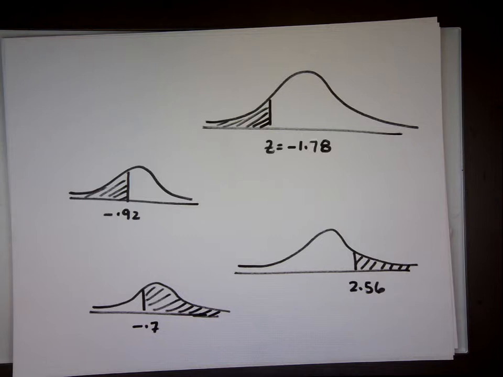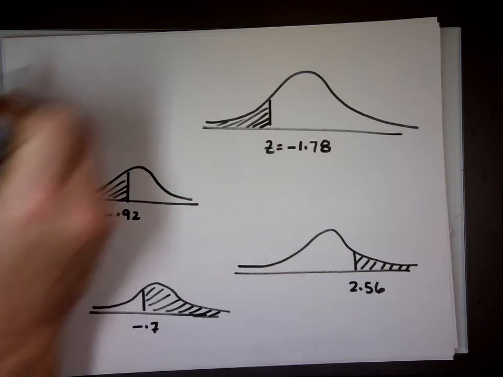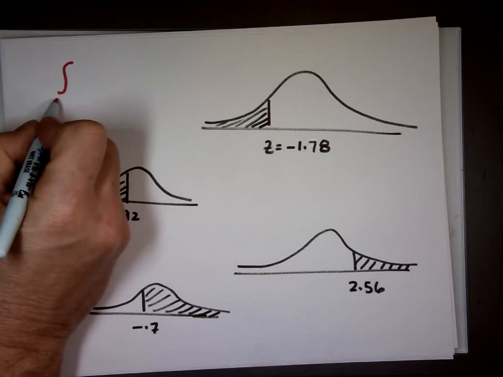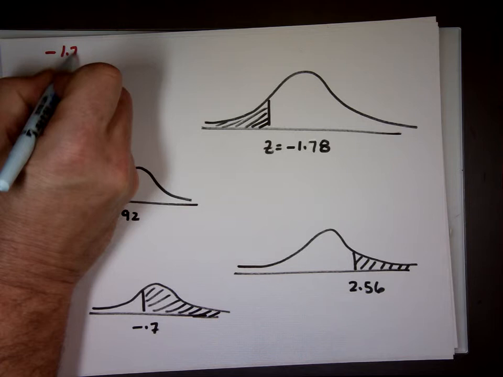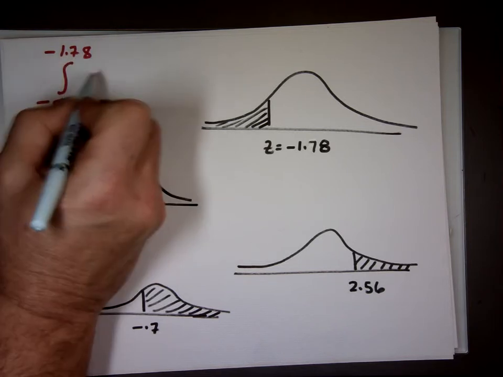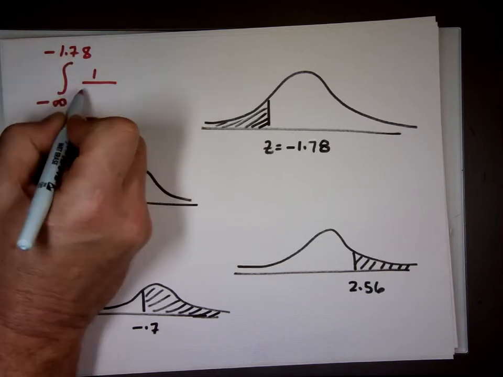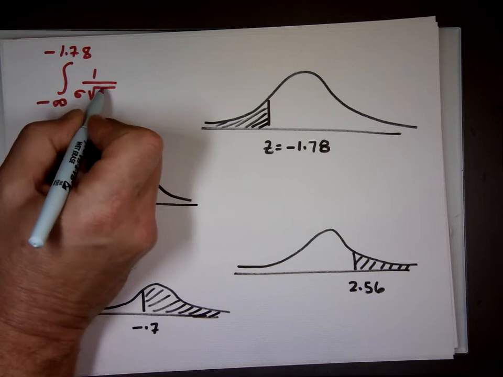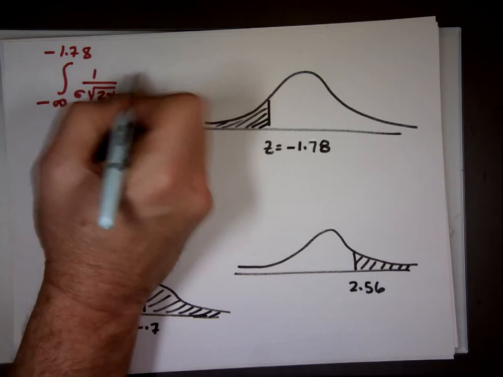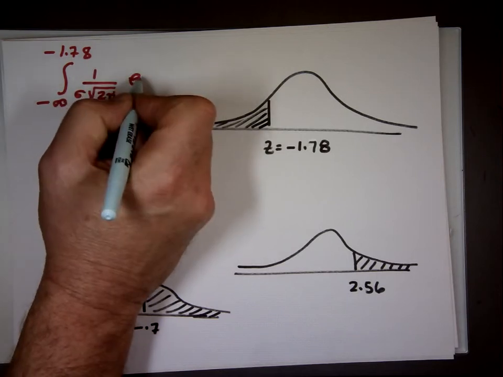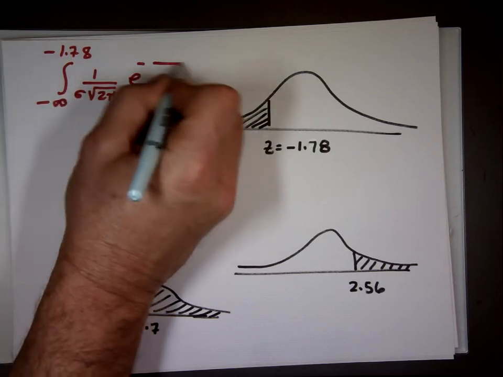If you want to find that, you can use calculus for that. Be my guest. And to find the area here, you got to integrate that. Ready? From -infinity to -1.78, 1 over sigma times the square root of 2 pi times e to the power of negative what?